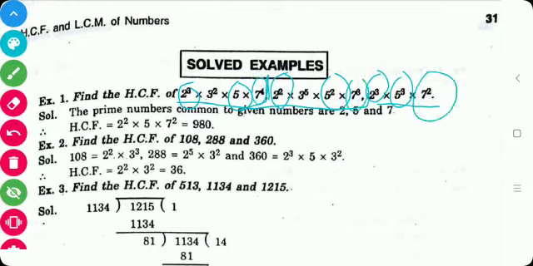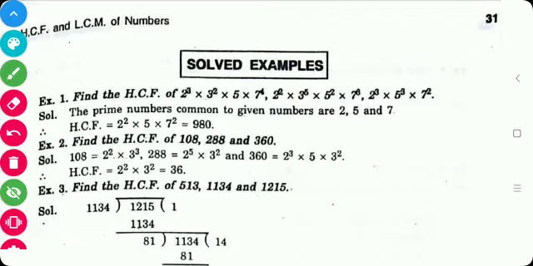Now we have to take the least power of each prime factor. So the least power of 2 is 2 square, the least power of 5 is 5, and of 7 is 7 square. So the HCF is 980.